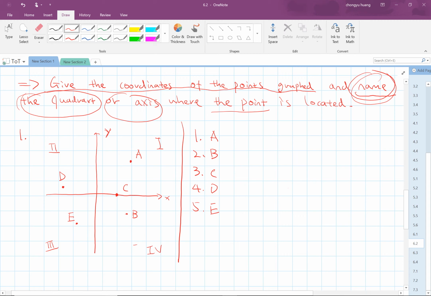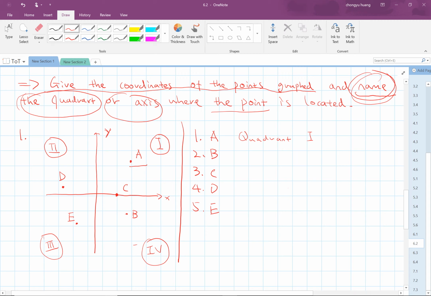As we talked about before, quarter 1 is located on the top right. Quarter 2 is located on the top left. Quarter 3 is located on the bottom left. Quarter 4 is located on the bottom right. You can see point A is located on quarter 1, right?